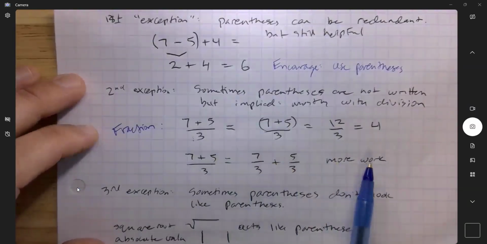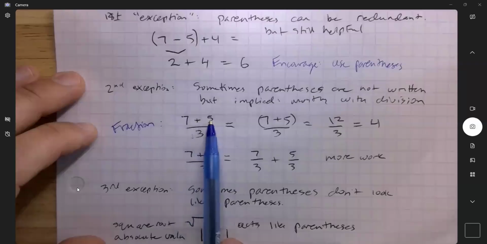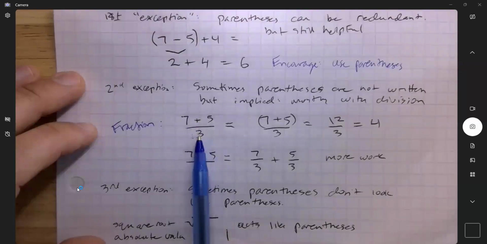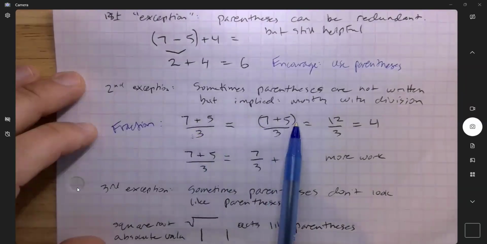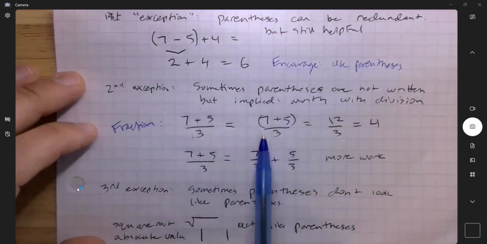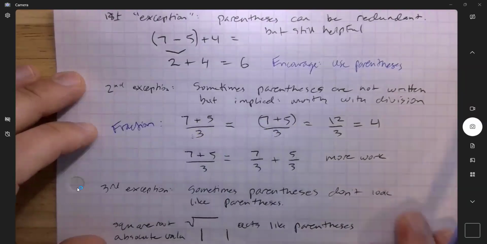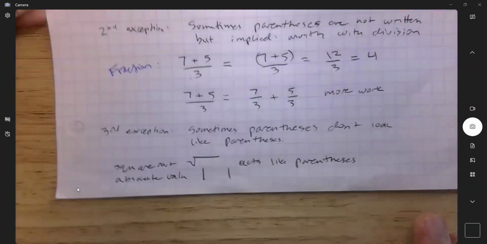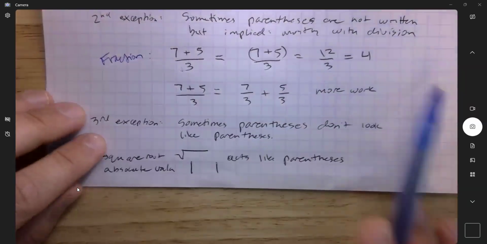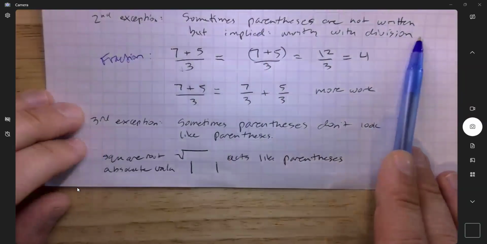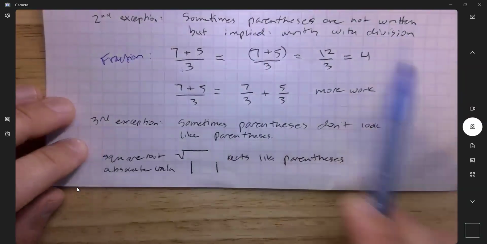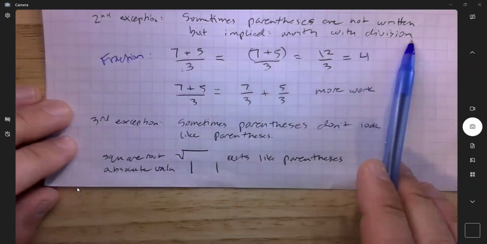So in general, if you have a fractional division, there's an implied parentheses on the top and maybe on the bottom that you do before you do the division. There are a couple other examples of that where they're not written, but they're implied. But most of the time, you're going to see it with division.